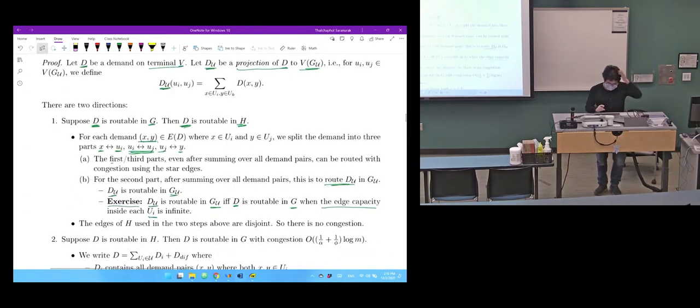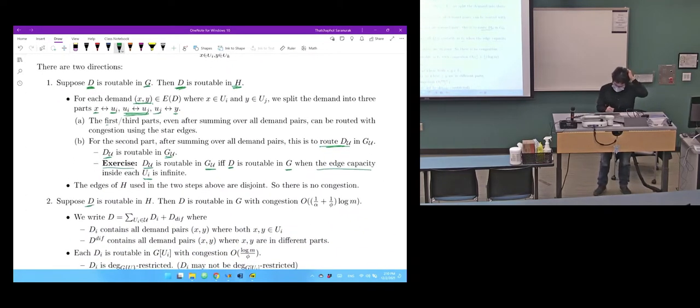But we didn't complete the other direction. So let's say now that the demand is routable in H. We want to say that it's also routable in G with this congestion. So now I want to decompose the demand a bit.